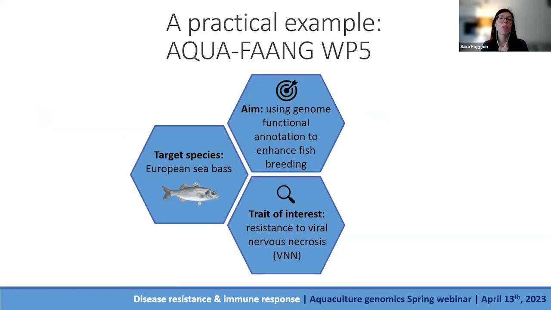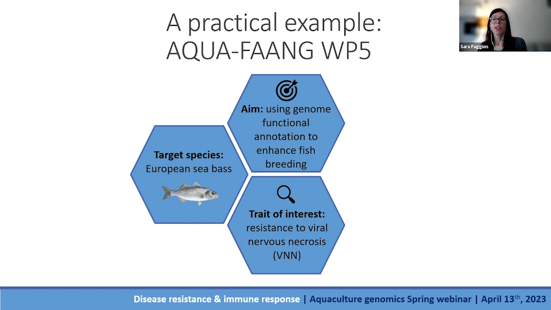I would like to end the presentation with a very practical example from work package 5 of the AQUA-FAANG project that is connected to the work package 3 that Luca has already presented. So the aim is to exploit genome functional annotation to improve fish breeding.